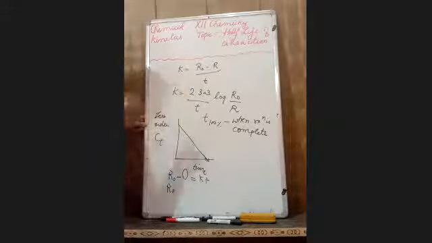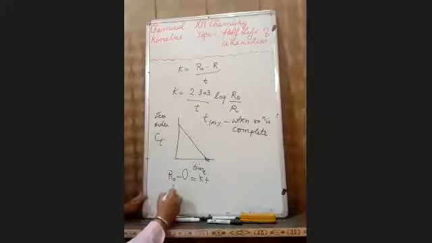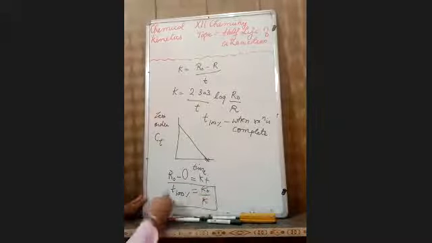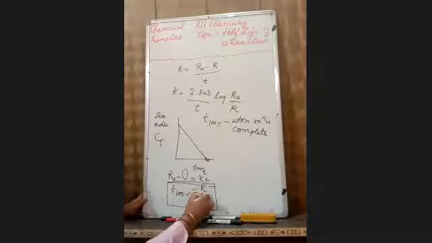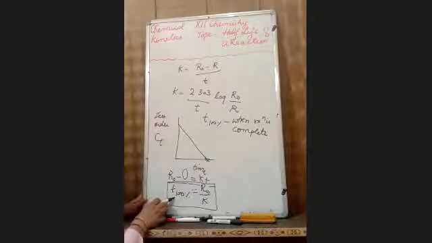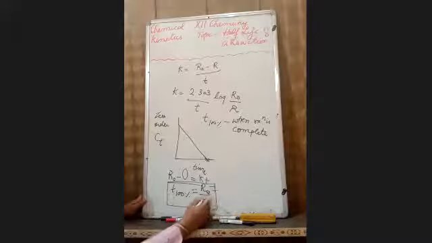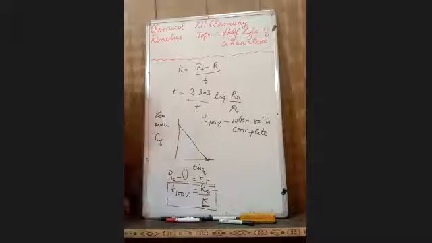If I ask you to write T 100%, it will be equal to R naught by K. Remember, it is helpful in solving the questions. T 100% for zero order is equal to R naught, where R naught is the initial concentration, over the rate constant. It is for zero order, not for first order.